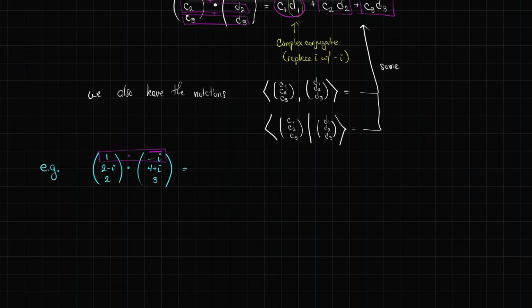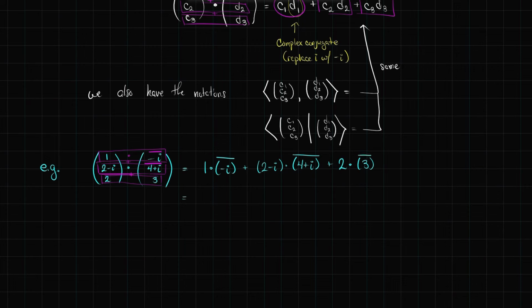This will be 1 times the conjugate of negative i, plus, and I'm going to go right across again, 2 minus i times the conjugate of 4 plus i. And then finally, I'm going to add one more case, which is adding 2 times the conjugate of 3.